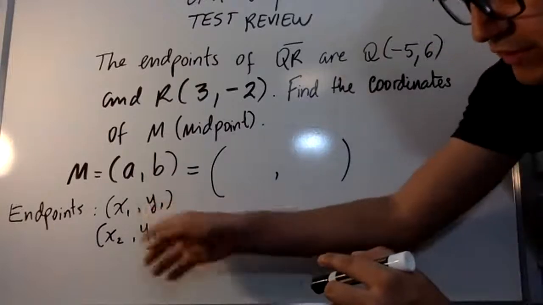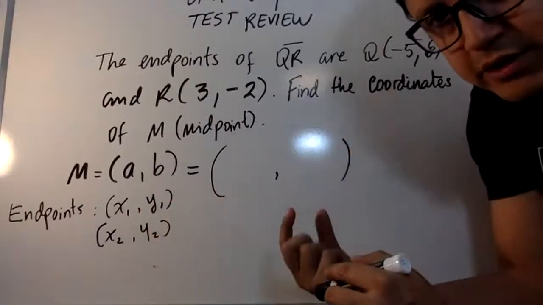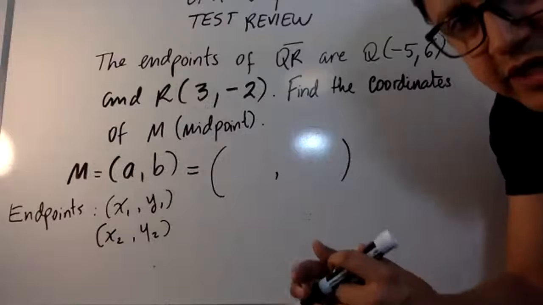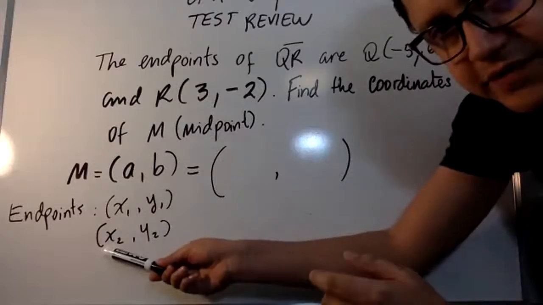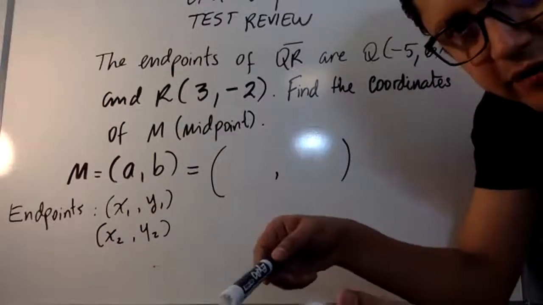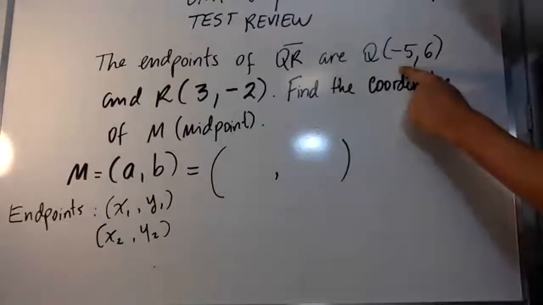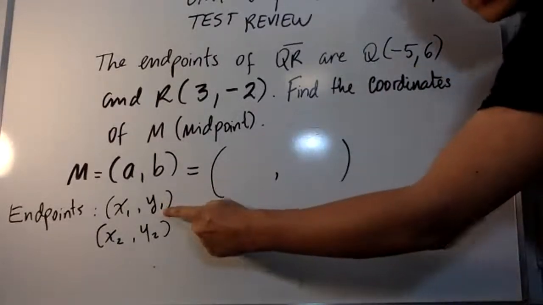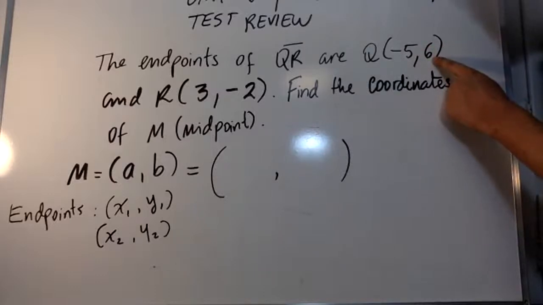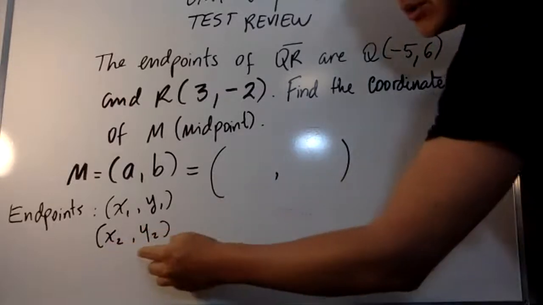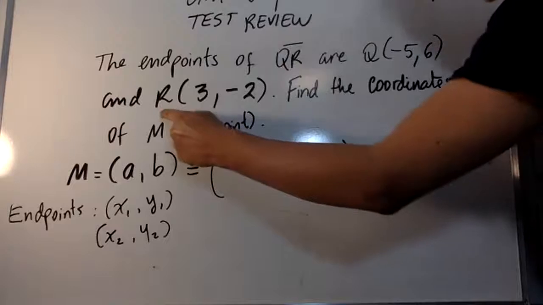Hopefully this is not confusing for you. What I am trying to say is that this is a given value on the x-axis, and this is another given value on the x-axis for the other point, and the same for y. Here x1 would be -5 and y1 would be 6, whereas x2 and y2 correspond to the second point, which is R.